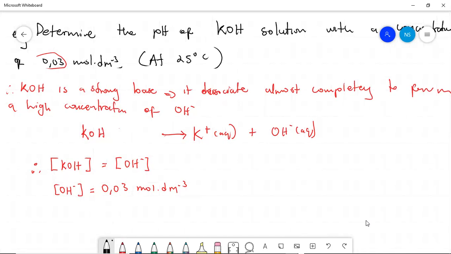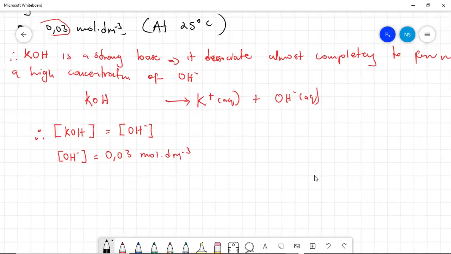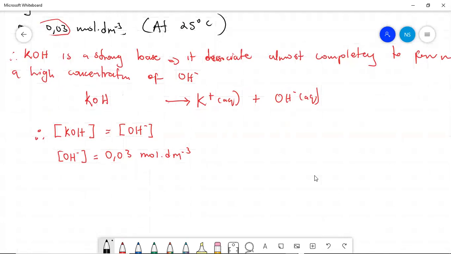If you're not told that it's happening at 25 degrees Celsius, you need to assume that it's at 25 degrees Celsius. So now I've added a statement that this is happening at 25 degrees Celsius. So what is it that you can calculate here? You have the concentration of OH minus, right?